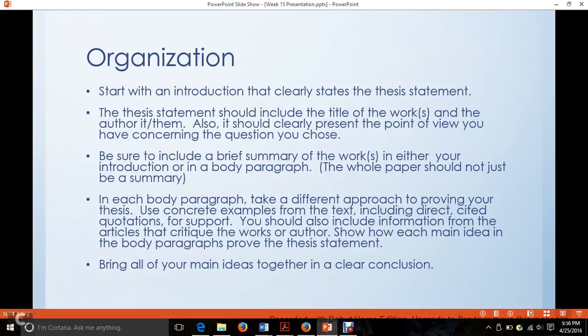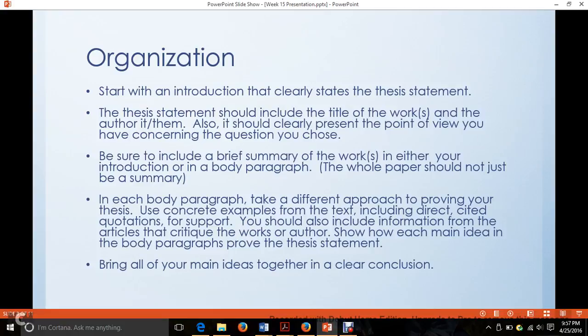What's your point of view about the topic? How do you plan to prove it? So in this particular paper, you need to make sure that you include the author that you are studying, the work's title or titles, and also your point of view, considering the question that you choose.